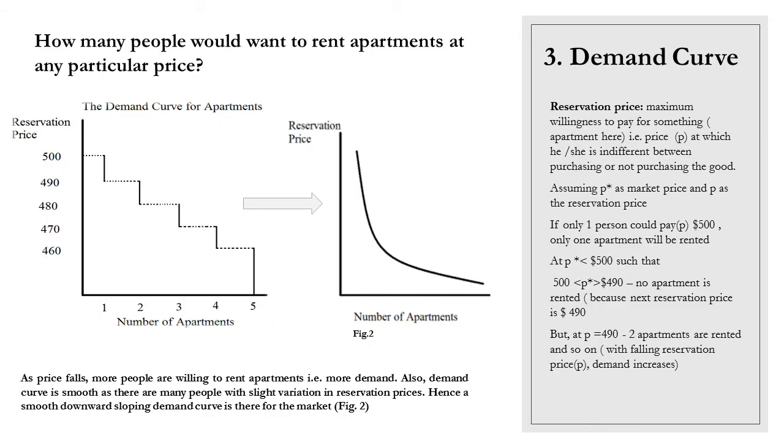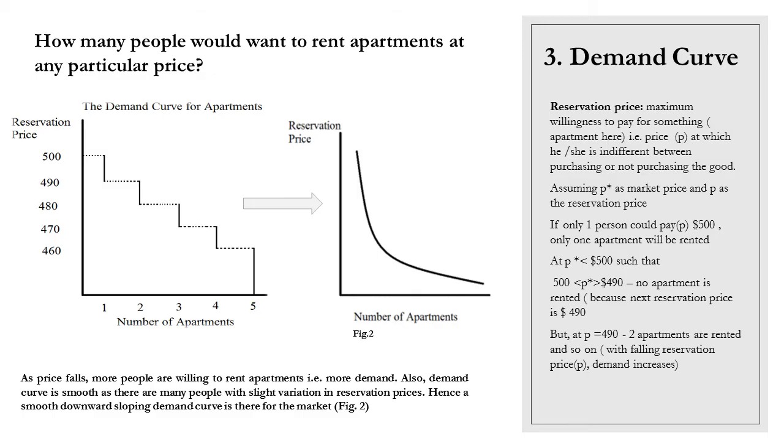Now let's shift our focus to the theme of the demand curve, and how it comes into the picture. As discussed in the previous example, we are interested in the question of how many people would want to rent apartments at any particular price, be it in the inner circle or in the outer circle. So how do we decide how much demand there is?